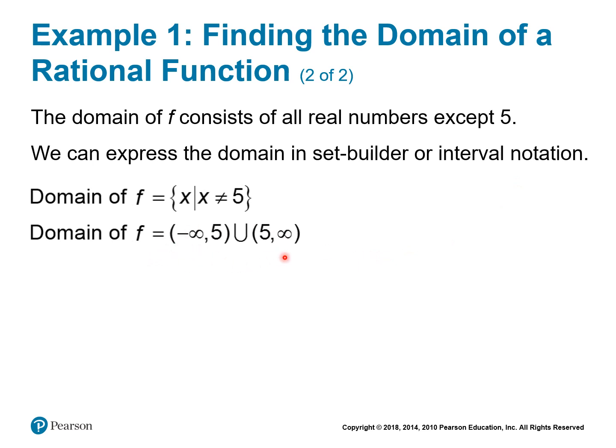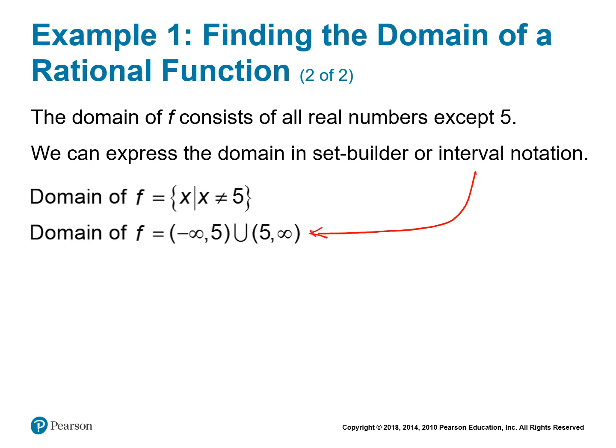This is how I wrote out the domain with a round bracket, then minus infinity comma 5 round bracket closing, then union sign, and then again round bracket 5 comma infinity round bracket closed. All right, so you're probably familiar with the interval notation, which is this one here.